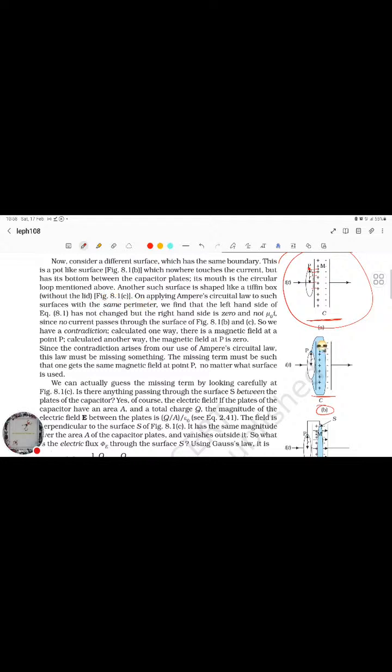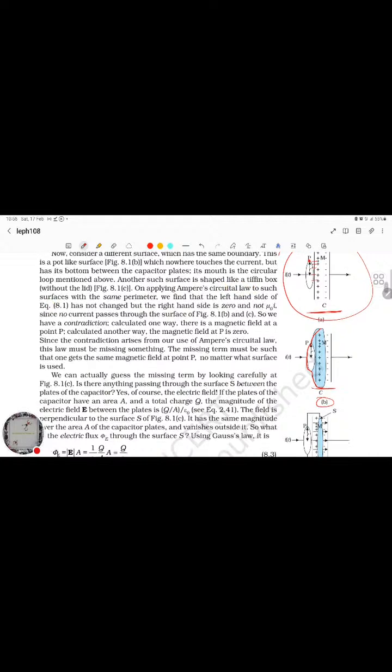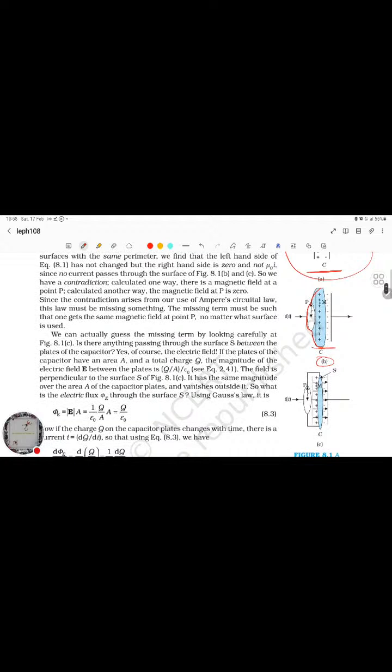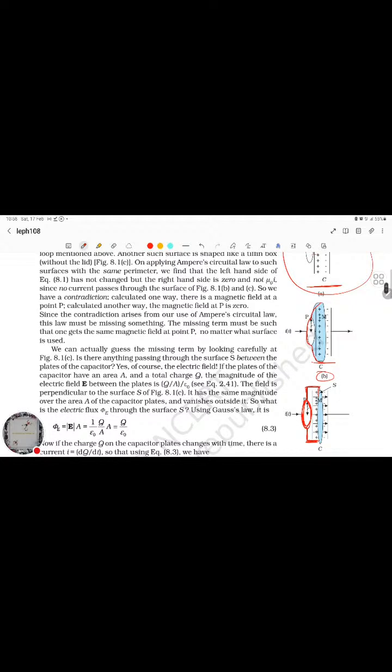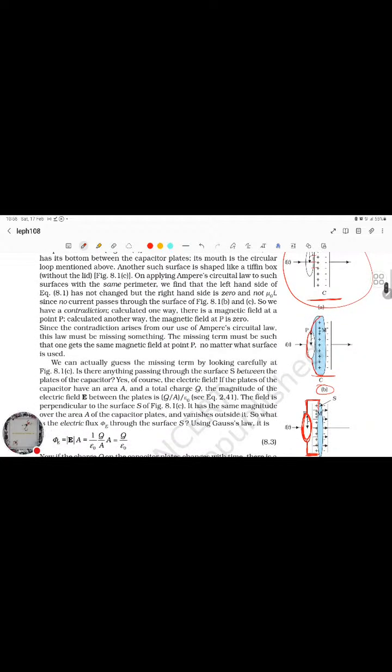So the mouth of that pot like structure is the circular loop which we have used in figure A. Another such surface is shaped like a tiffin box without the lid, which is 8.1c. So it looks like a tiffin box without a lid, which has its mouth centered around the mouth of the loop, which is open.